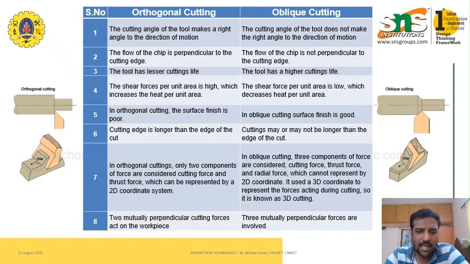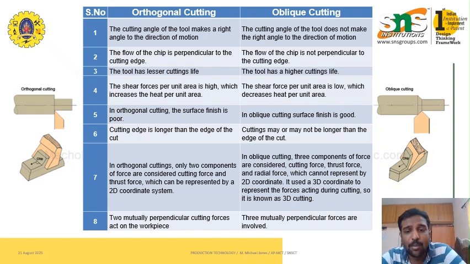Another table shows the differences between orthogonal cutting and oblique cutting. The cutting angle, the flow of chip, and the tool has a lesser cutting life. That is, in orthogonal cutting, we have a perpendicular interruption between the workpiece and the tool, so the tool will have lesser cutting life. It can be used for around 100 cycles or lesser.